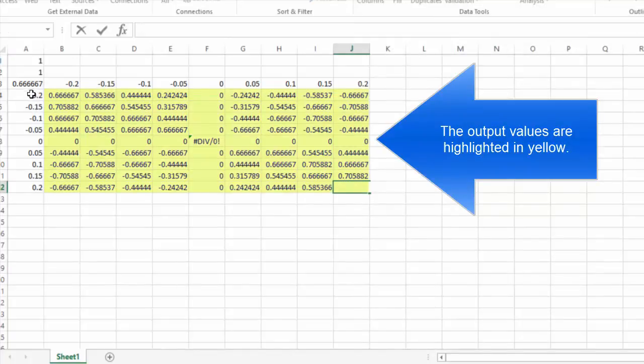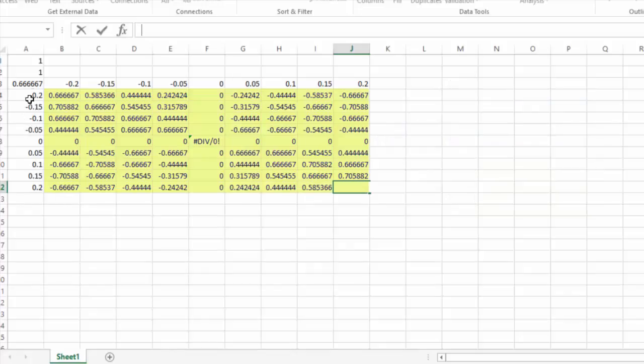Remember, these guys over here are x values. As x approaches 0 from the left, that would be going up towards 0 from negative values, and from the right would be going down towards 0 from positive values. Across the top, you can see that y is approaching 0 from the left and from the right.